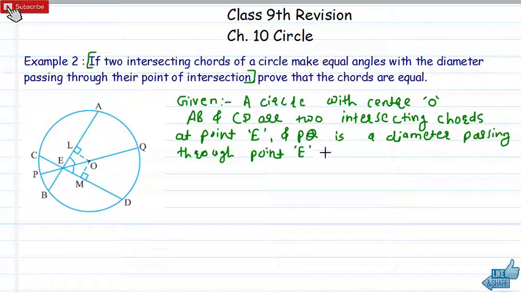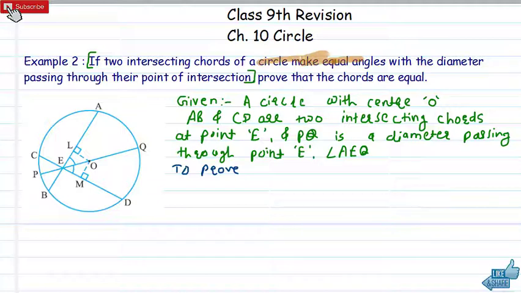Now, to prove, what do we have to prove? Sorry, I forgot one thing. One more thing is given, that is angle AEQ. If you observe here, you can see chords of a circle make equal angle with the diameter.